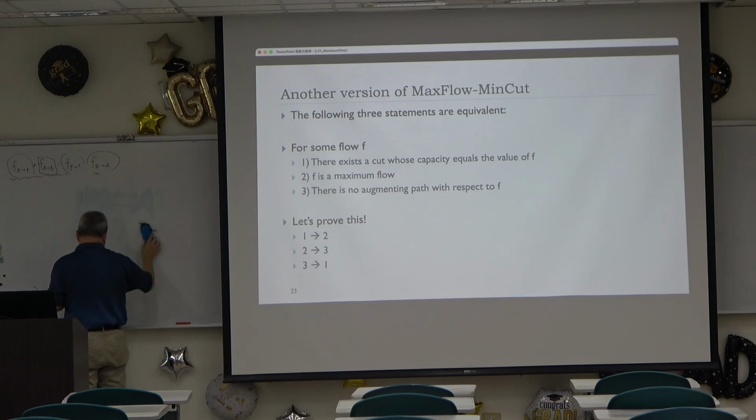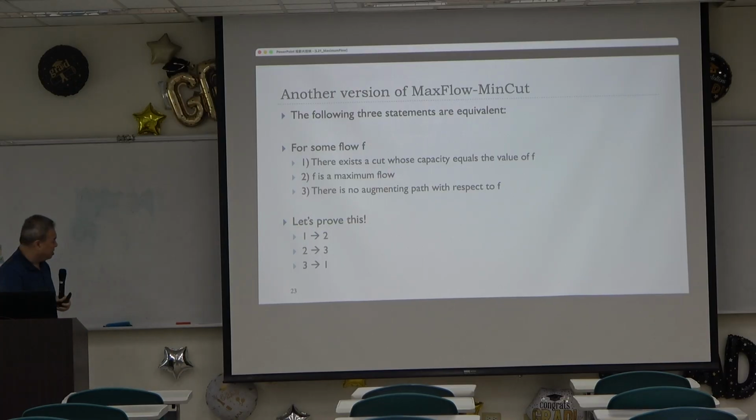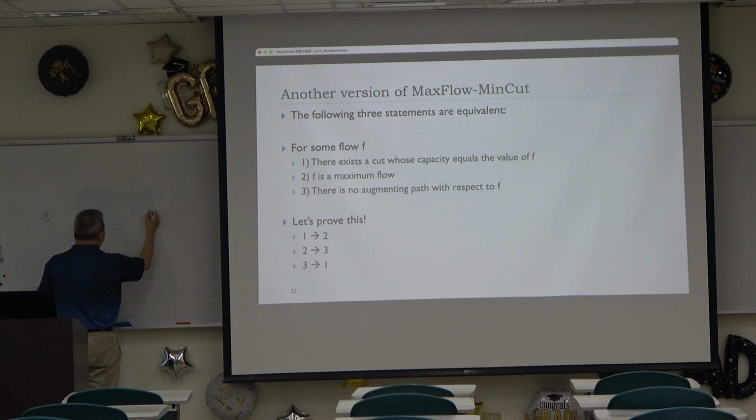Here we are considering the residual graph. So after we assign all the flows, this is source. This is sink.